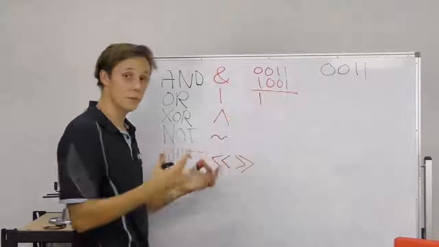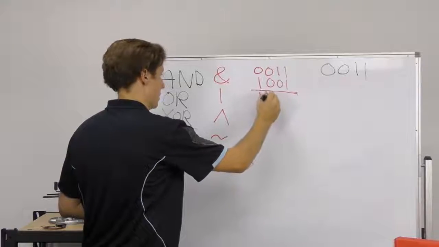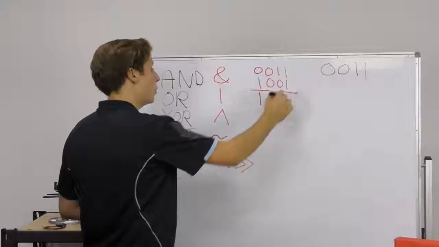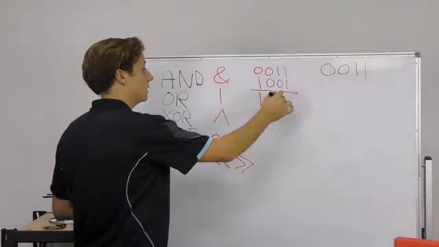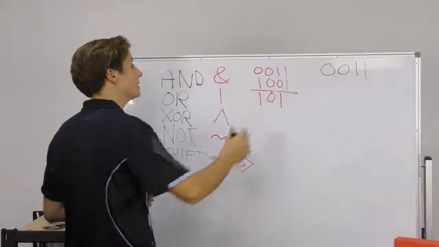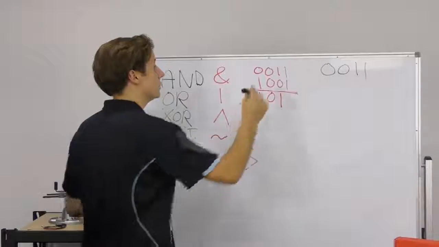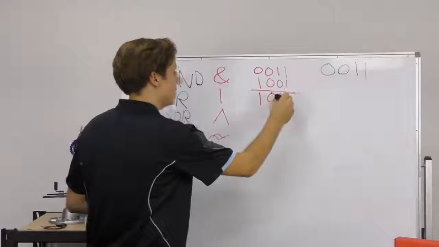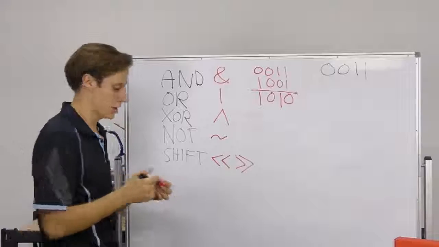There are zeros in both of these, so we get a 0. There is a 1 and a 0 in this place here. Now these are both 1s, and with OR, that would result in a bit in our result. But with XOR, it's exclusive, so they have to be different. It can only have a bit in one of the operands, so that would be a 0 there.